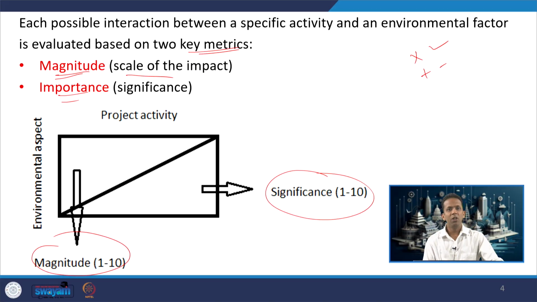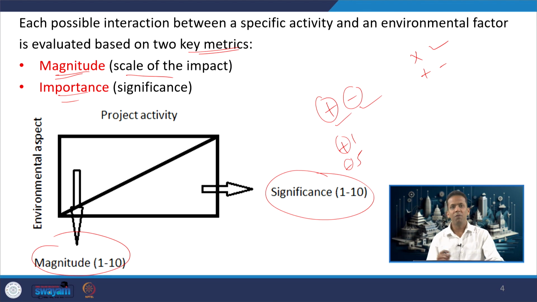Magnitude, though it is represented from 1 to 10, uses a sign convention that represents whether it is going in the positive direction or negative direction. So, plus 1 would be a little positive impact, and minus 5 would be a highly negative impact. So, these numbers can be used for magnitude, but significance will always be positive numbers.